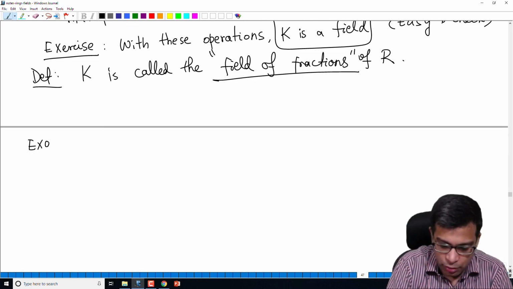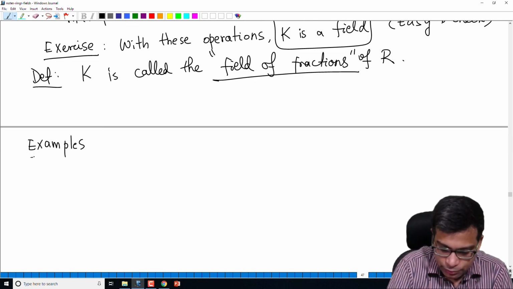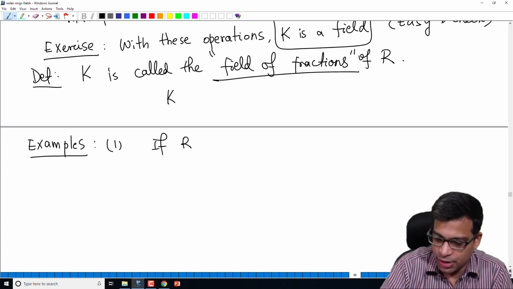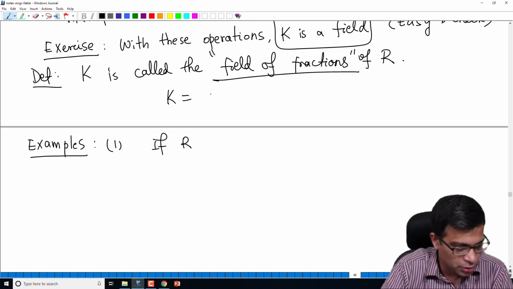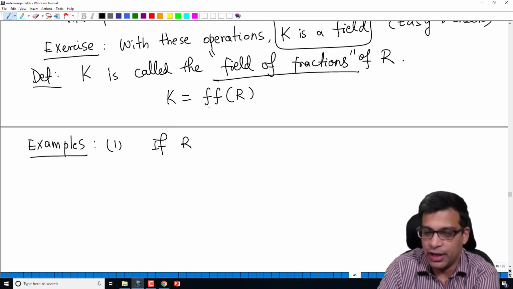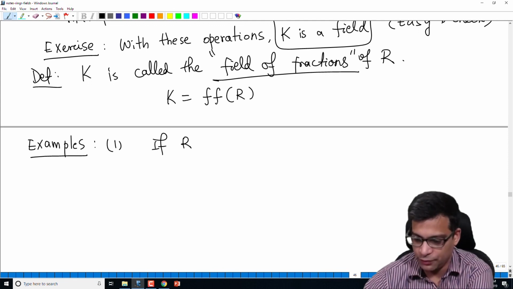So I will now write quickly some examples. One, if R is a field, so let's denote the field of fractions by FF of R. Just for simplicity, FF stands for field of fractions.